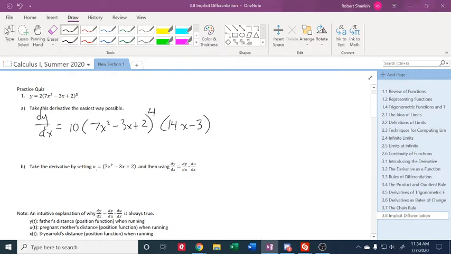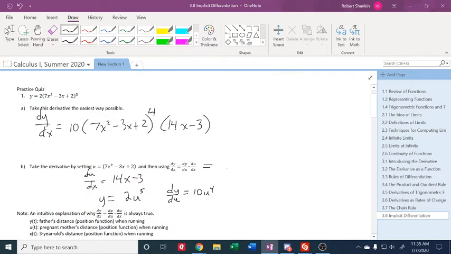So, if this is u, then du dx is 14x minus 3. And the original problem can be rewritten as y equals 2u to the 5th. And thus dy du is equal to 10u to the 4th.